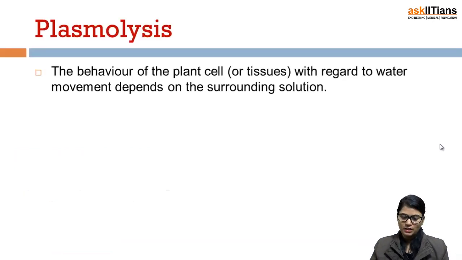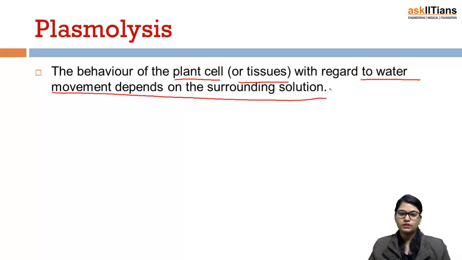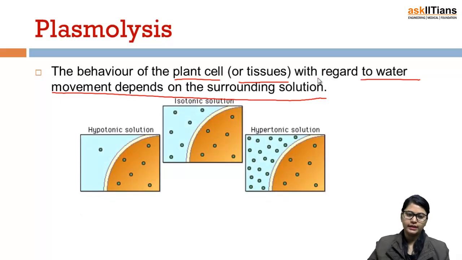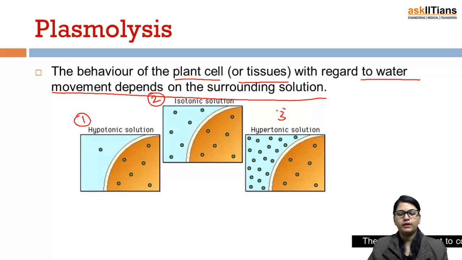So what's plasmolysis? The behavior of the plant cell or tissues with regard to water movement depends on the surrounding solution. We have three types of solutions: one is hypotonic, one is isotonic, and one is hypertonic.